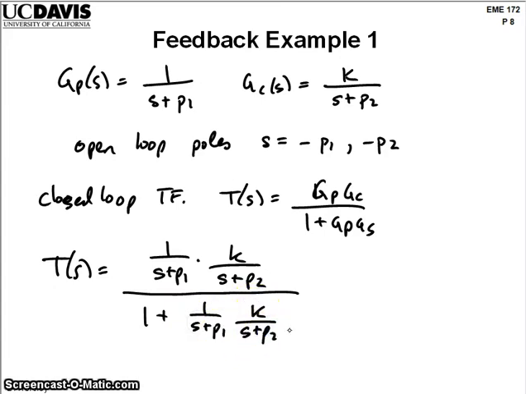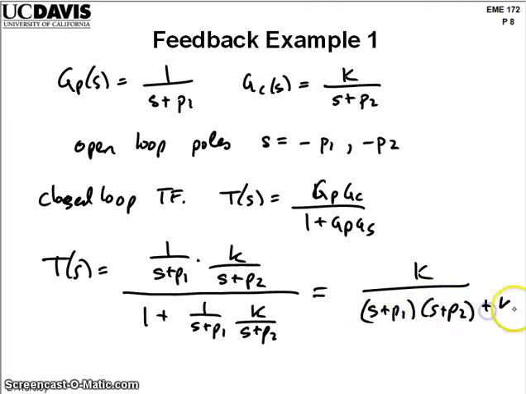Now I can multiply by the denominators and I get K over S plus P1 times S plus P2 plus K.